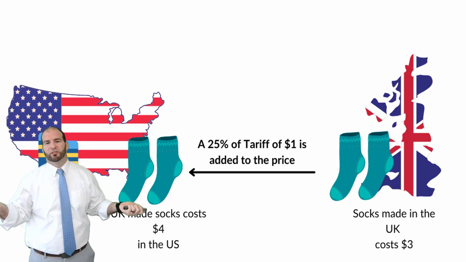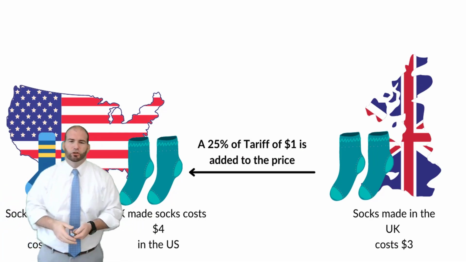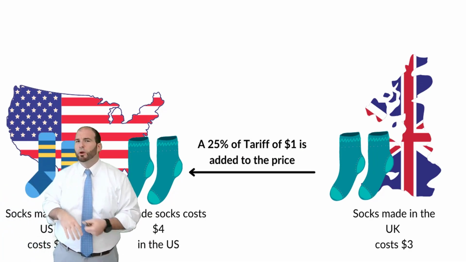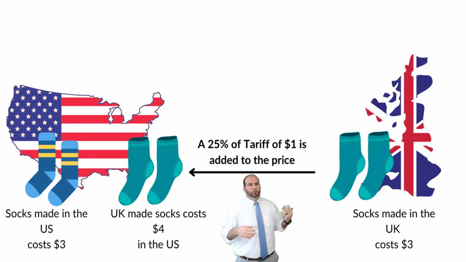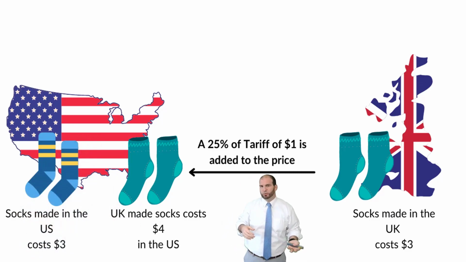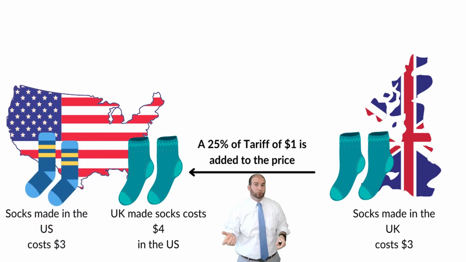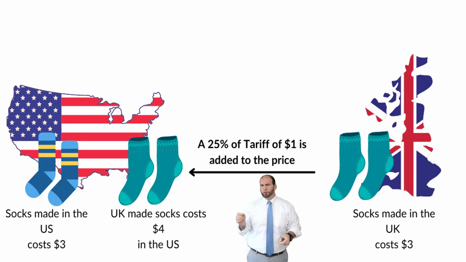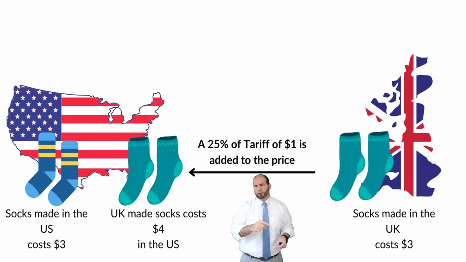So here's a simple example, all right? We'll just use the idea of socks. We will say that socks made in the United States cost $3 and socks made in England cost $3. However, when those socks get brought over to America, there is a tariff put on it by the United States government, a 25% tariff, and 25% of $3 is not $1.